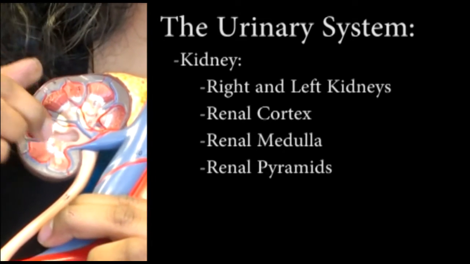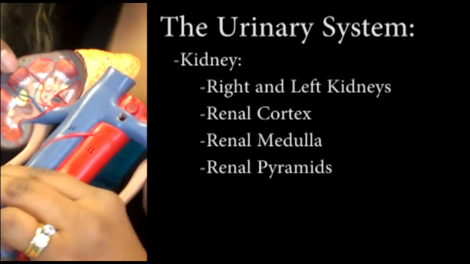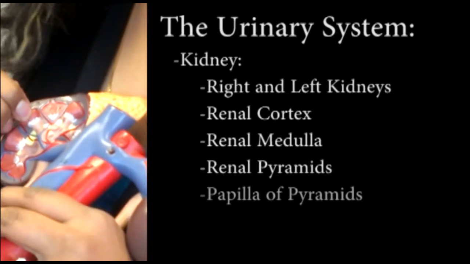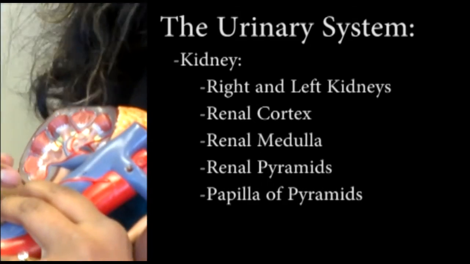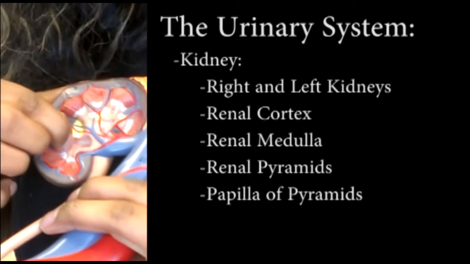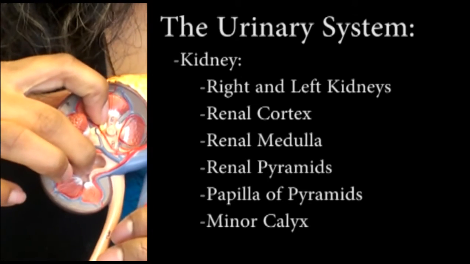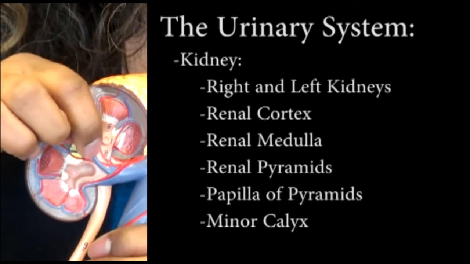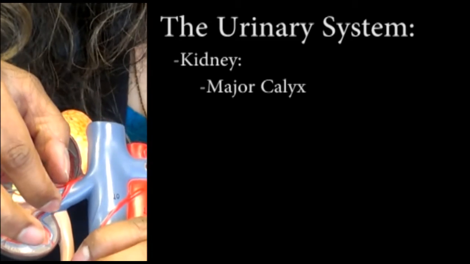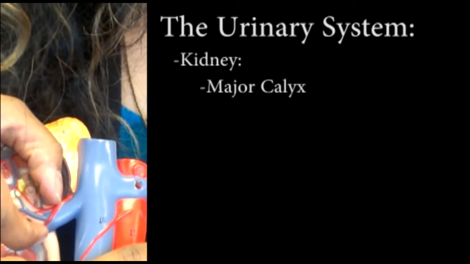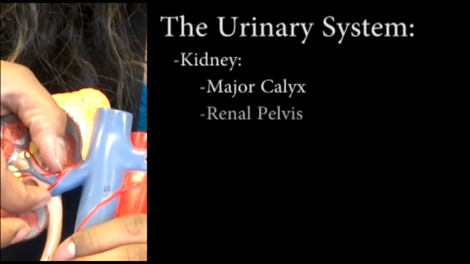And they all drain into certain collections. And so the renal papilla, or the pyramids, which is the region they're in, drain into minor calyces, and a couple minor calyces come together to make up a major calyx, and the major calyx makes up the opening of the kidney, which is for the exit of that fluid, called the renal pelvis.